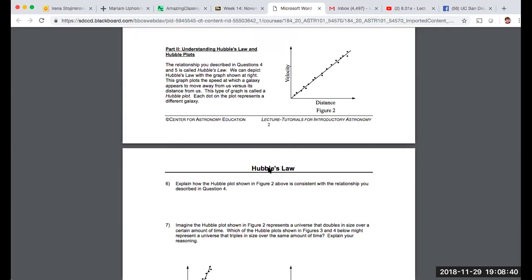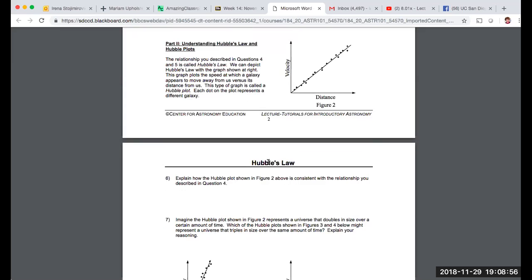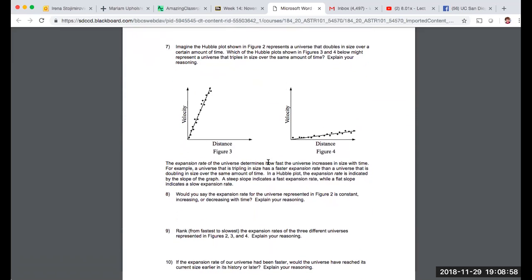It's saying that the farther the distance, the faster the velocity, and that's the same law that I explained in question 4. Very good. Okay, great. So then question 7.